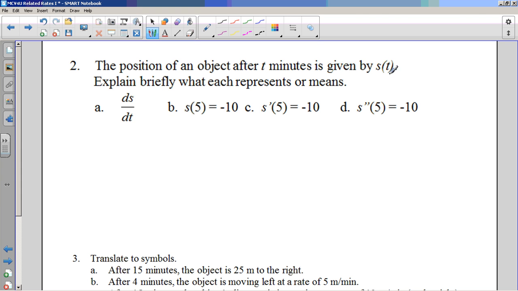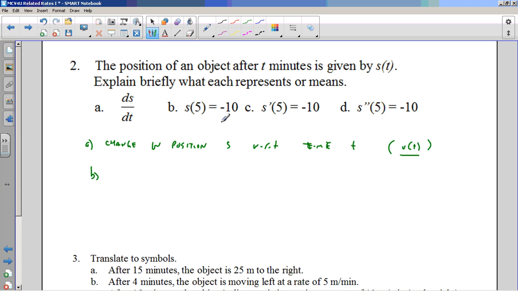Well, no. If this is the position, then what's ds by dt? It is then the change in position over an amount of time with respect to time t. Well, what else? You could have also said that this is the velocity, right? This is the velocity. And I would have been okay with that.